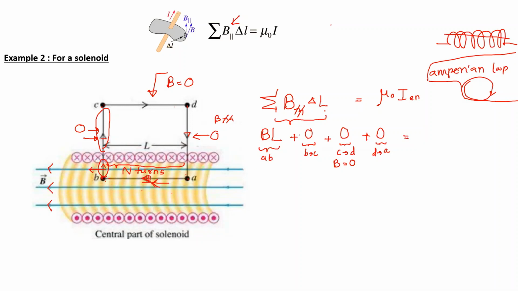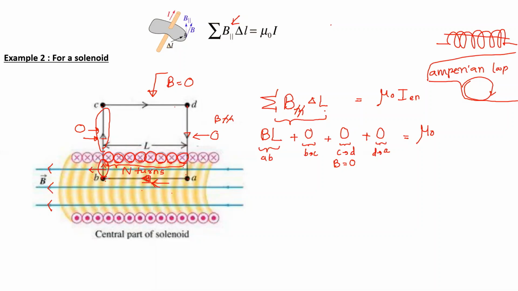Okay, so all of this is equal to mu naught times the current enclosed in our loop. So what is the current enclosed? We have all these loop turns inside the loop, right? This one, this one, this one, this one. So this set of turns are inside the loop. Initially I said let's assume that this is n turns.